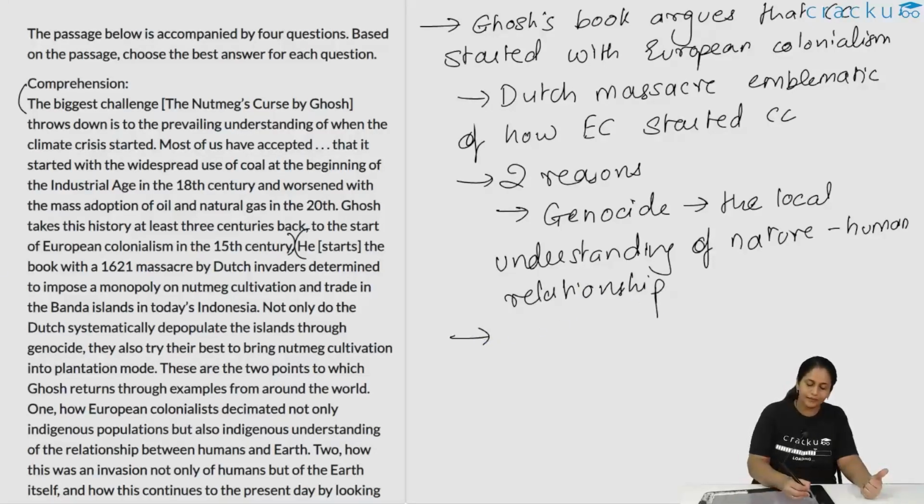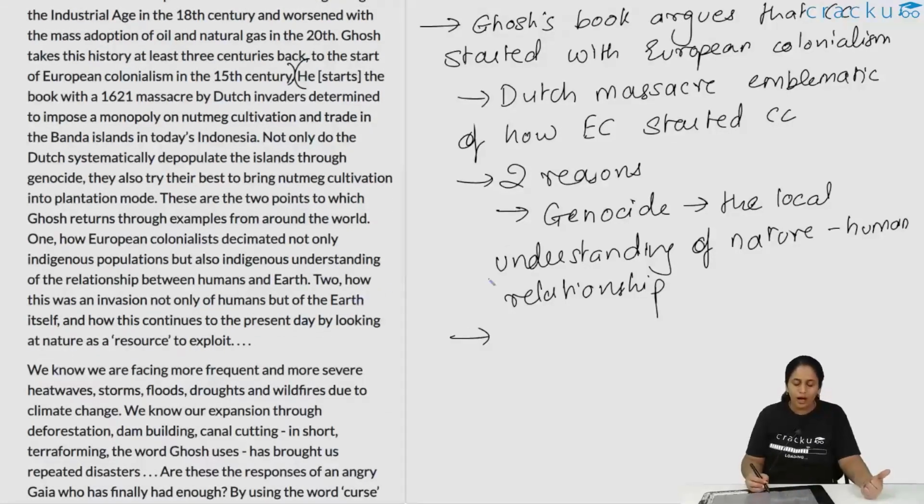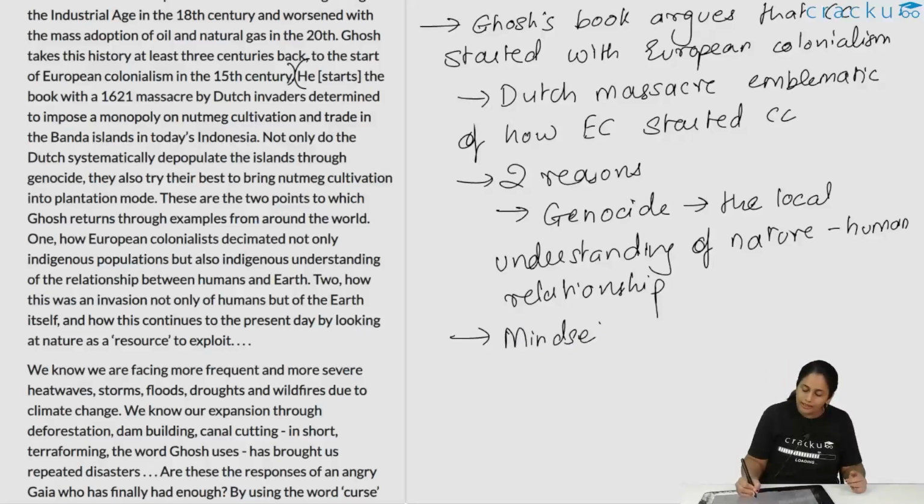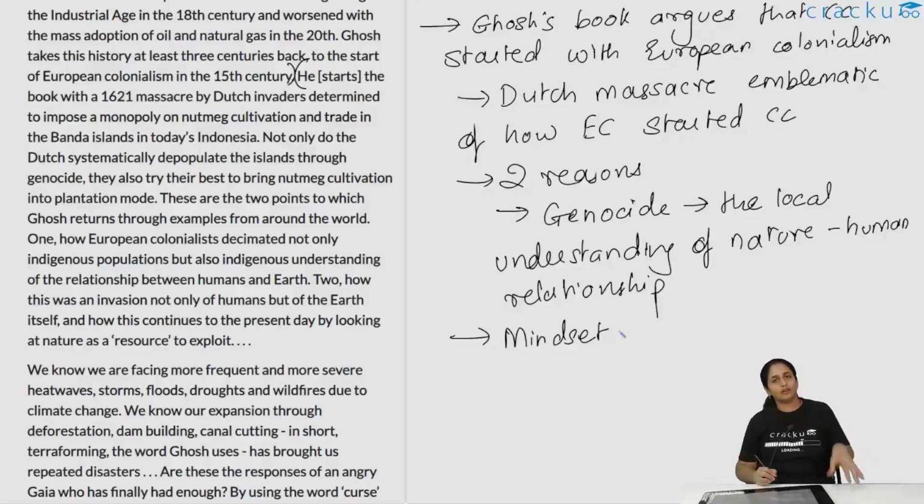And secondly, what was the second reason? How this was an invasion not only of humans but of earth itself, and how this continues to the present day by looking at nature as a resource to exploit. So, this second reason was the mindset that came with it. What was the mindset? Why did the European colonialists go to these colonies? They wanted to exploit the colonies, they wanted to exploit the people there and even the land.